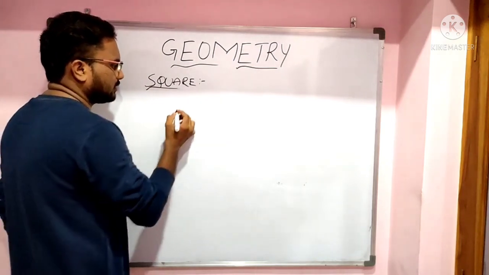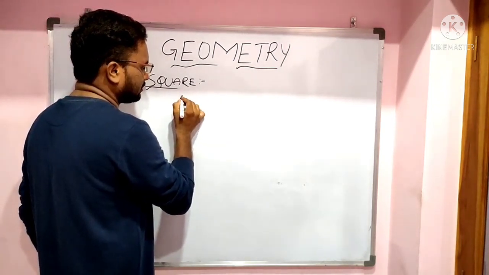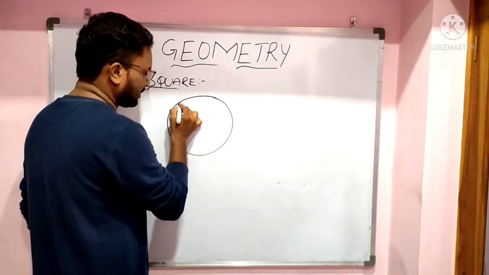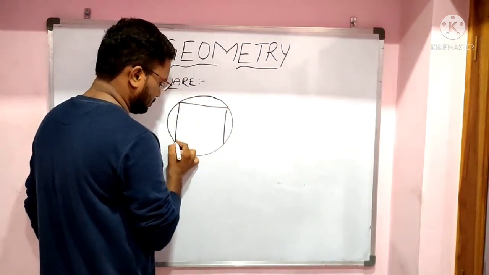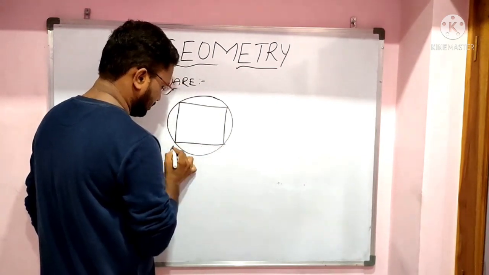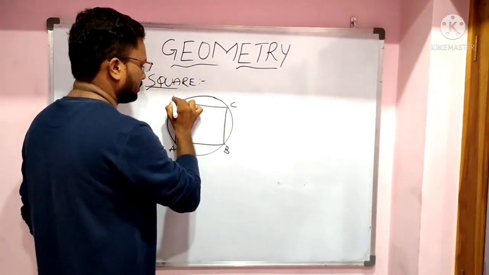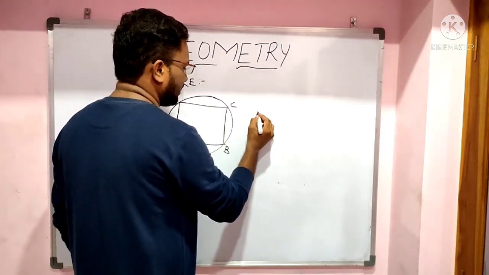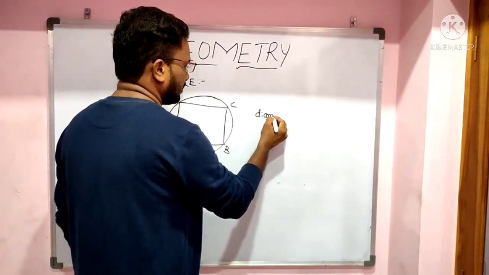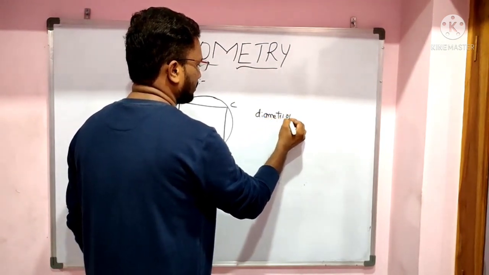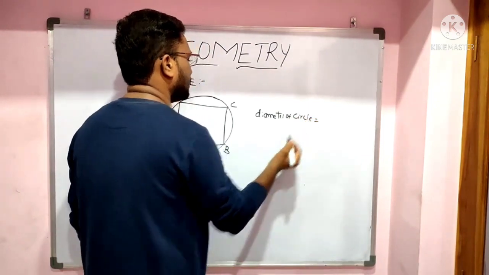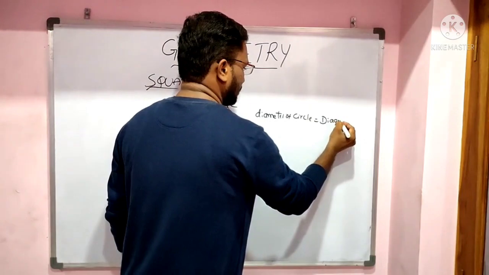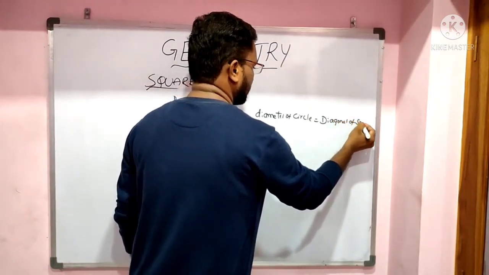Okay, next one, if a square is inscribed in a circle, A, B, C, D, then diameter of circle is equal to diagonal of square.